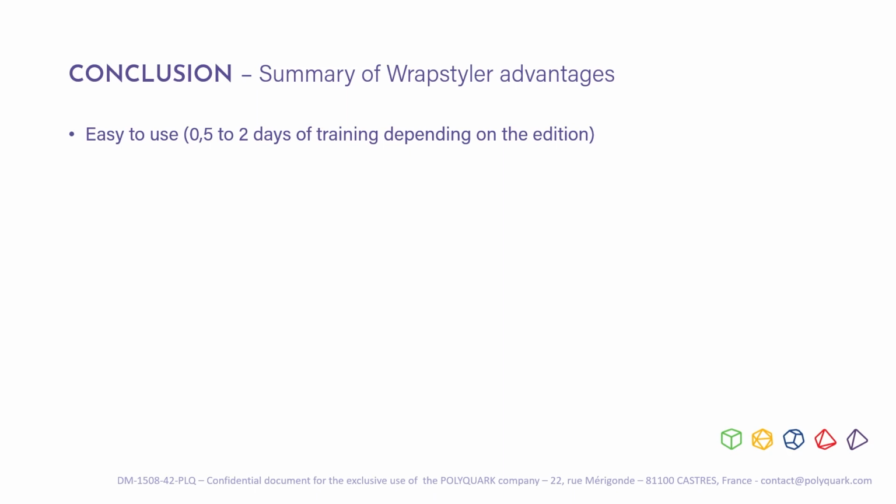No need to be an engineer, even if some of our users are engineers, as it's also used by seamstresses or protection film installers, for example. So the training is very short, like between half a day and 2 days, depending on the edition. But here, with the standard edition, it would take between half a day and 1 day maybe.